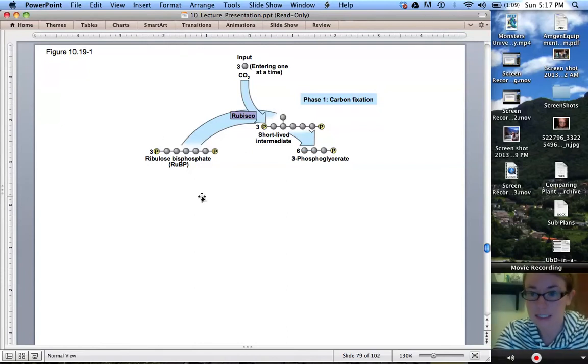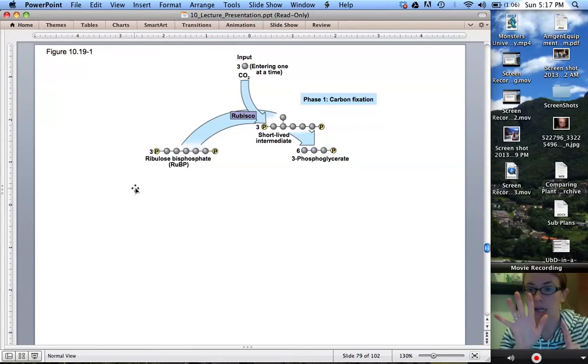So in this cycle, you do actually need to know a couple of things that happen. First and foremost, we have the acceptor, which is what's going to accept the carbon dioxide, and it's called ribulose bisphosphate, or RuBP. It's made of 5 carbons. We're going to count carbons again, just like we did in cellular respiration. So RuBP has 5 carbons.